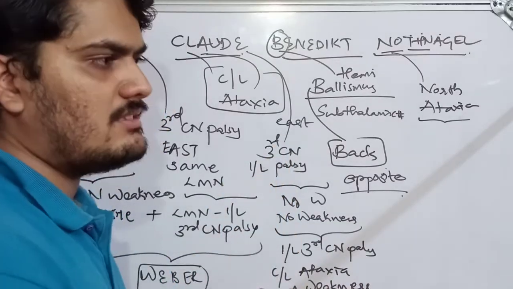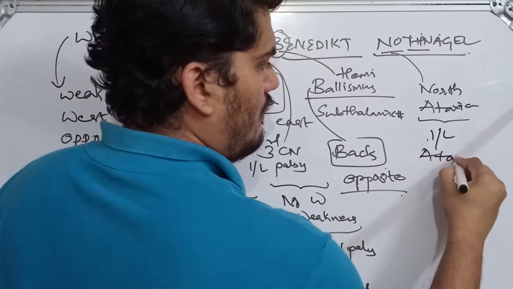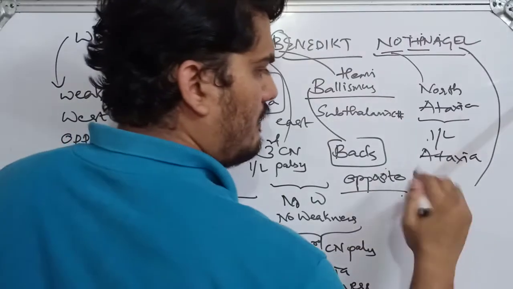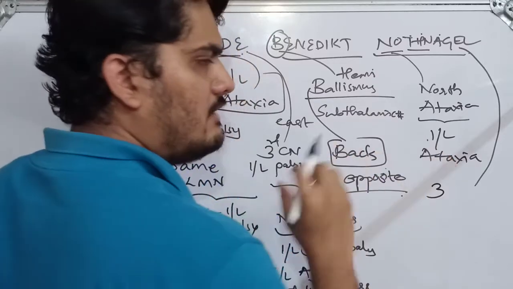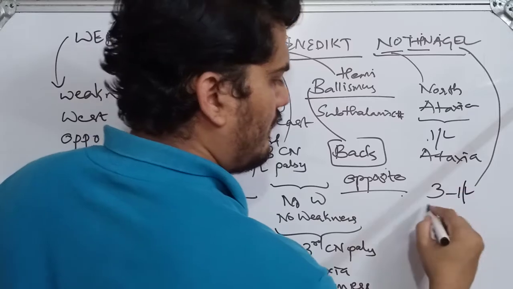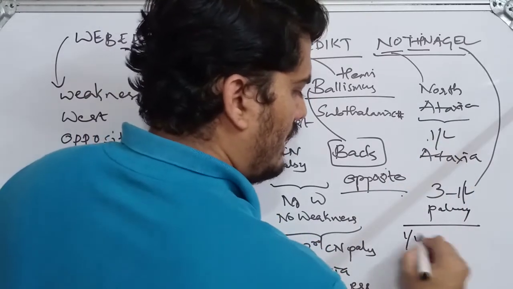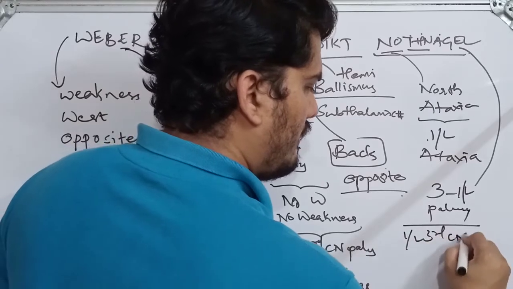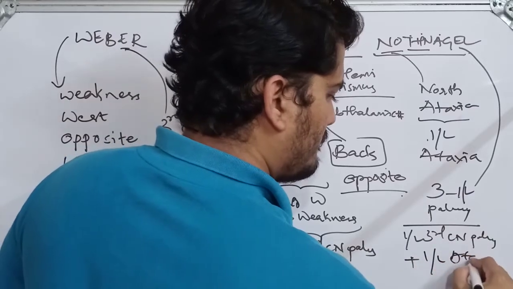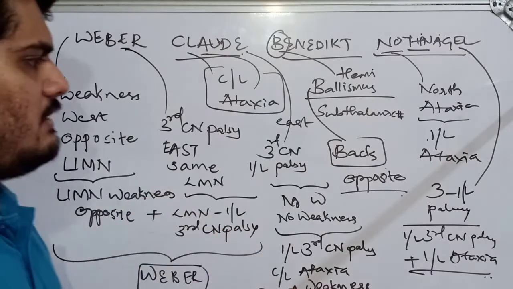So north also means same side or ipsilateral side. So ipsilateral ataxia. And the last, same logic with respect to E: flip it, we get 3, and E is associated with the east direction. So ipsilateral third cranial nerve palsy. If I combine, it becomes ipsilateral third cranial nerve palsy plus ipsilateral ataxia. So these are the syndromes we can remember with these simple techniques.